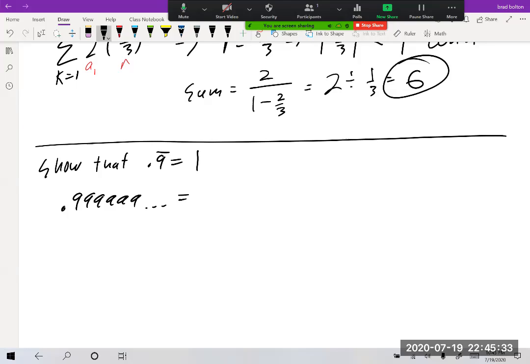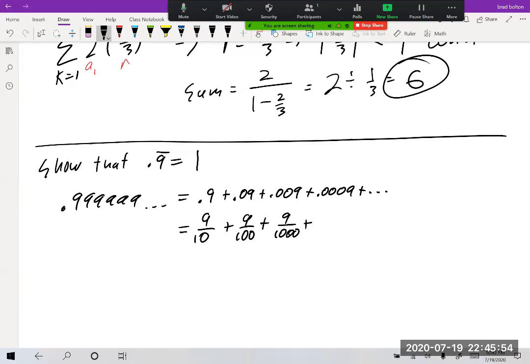But that's actually 0.9 plus 0.09 plus 0.009 plus 0.0009, and so on and so on. But I could actually write that as 9/10 plus 9/100, 9/1000 plus 9/10,000, and so on and so on.